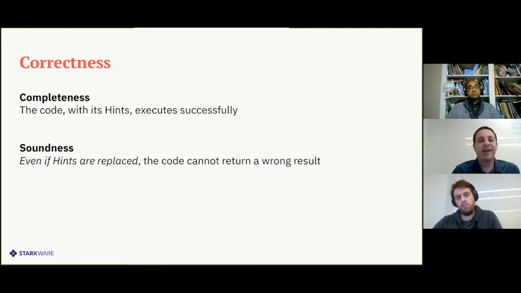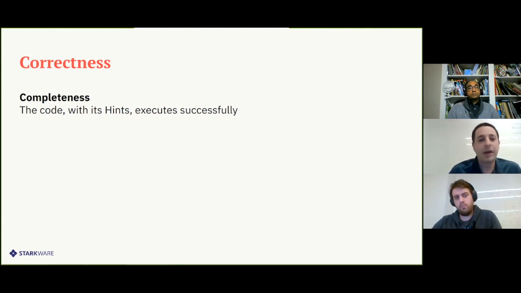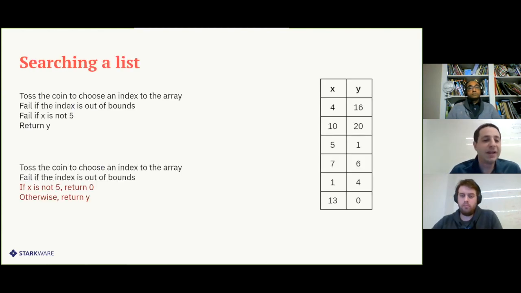Let's go back again to the search example, and for example, let's say that I remove this line. I'm going to the good example, the first one. So let's say that I remove this fail if x is not 5. So from the point of view of completeness, if I run this program, it will always succeed because the hint will always point to the correct location.